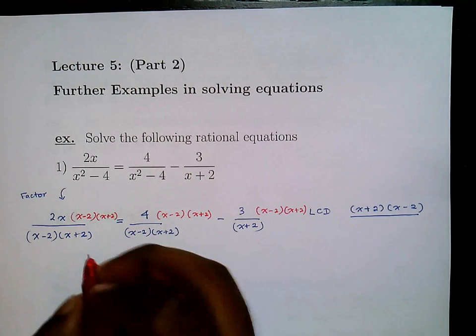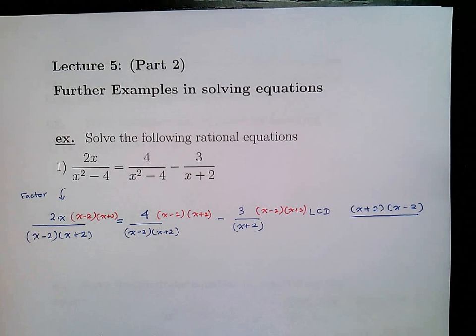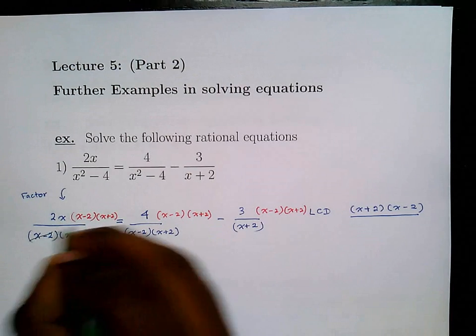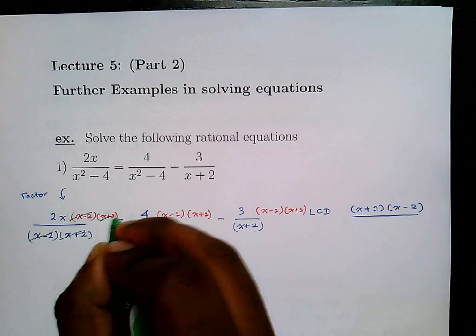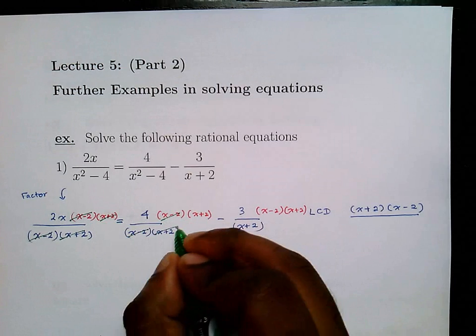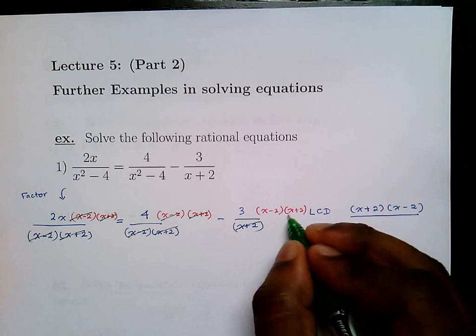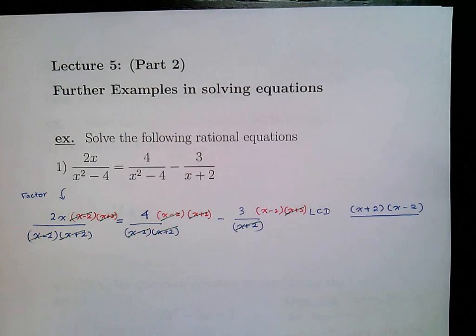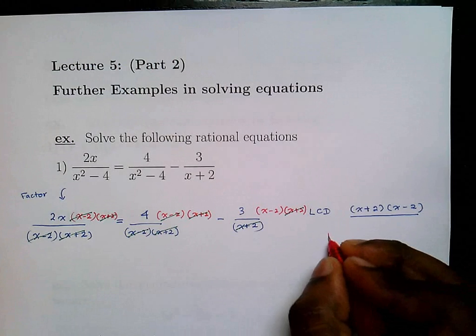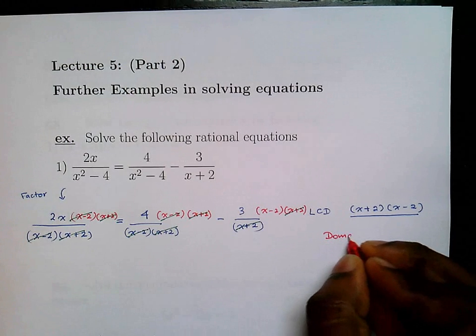Okay, now you can see how things will cancel off. Right now you can see that this goes off, this goes off, this goes off, this goes off, and this goes off. You should have checked the domain, so it's not that hard to find.